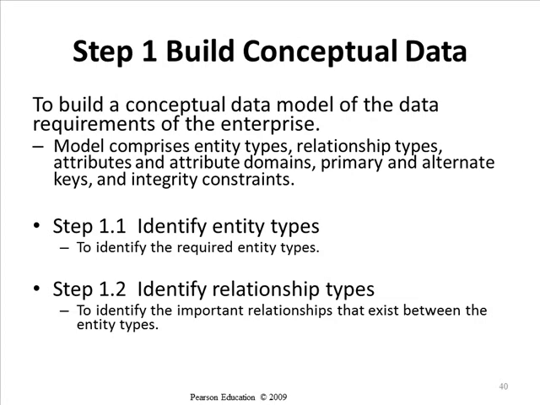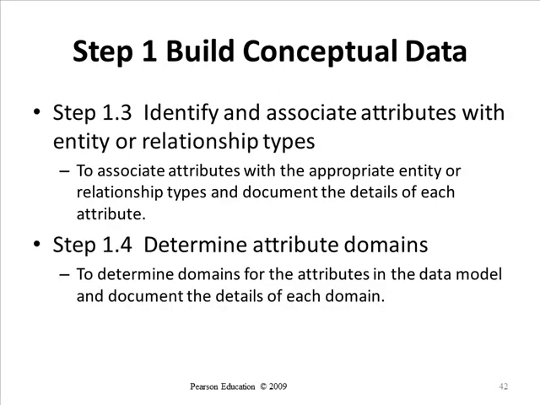So the third step is to identify the attribute belonging to the entity. So attribute associated to the entity actually represents the characteristic of that entity. By determining the attribute, we can know what is meant by the entity itself, right?